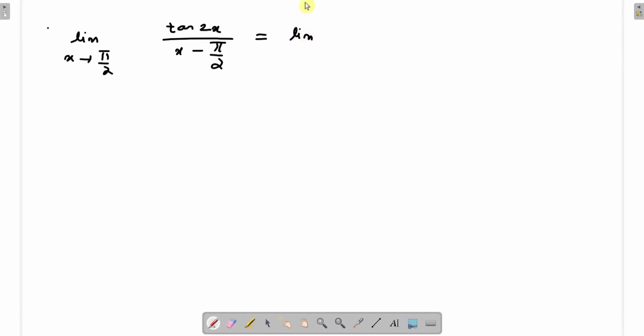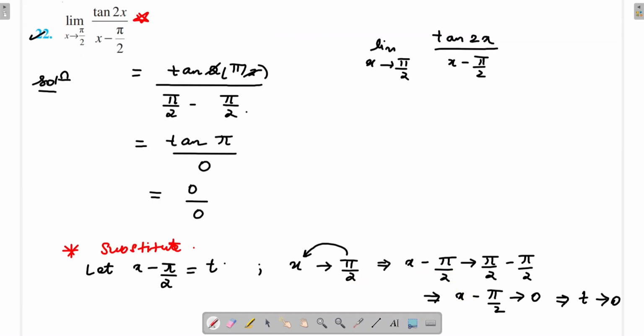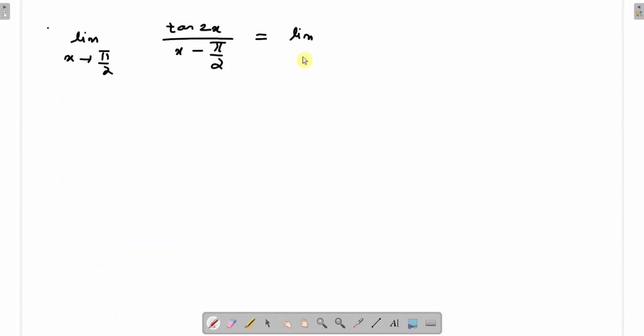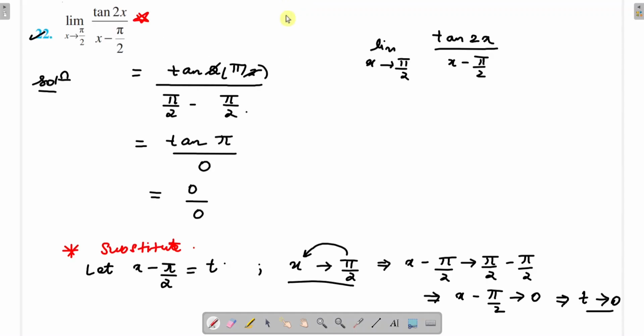So limit, now x tends to pi by 2 implies t tends to 0. So we can write here limit t tends to 0, tan of 2 multiplied by x.